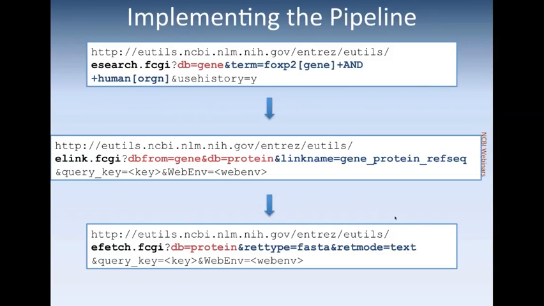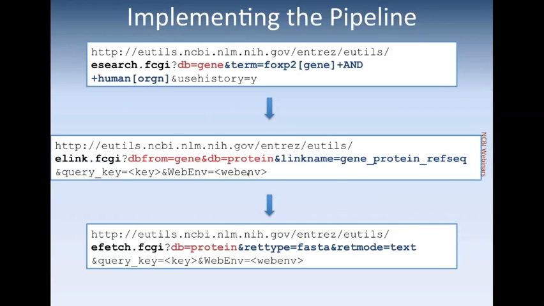So you can think about a variety of different approaches to build useful applications. How do you do something like this in the utilities? Well, you have to create a set of calls. Here's the first call, ESearch in Gene with a particular term, usehistory equals y. I would then have to parse the XML output of that, take my web environment and query key, and put that into an ELink call. I haven't done that; I've just represented them here as key and WebEnv, but that's what I would have to do.